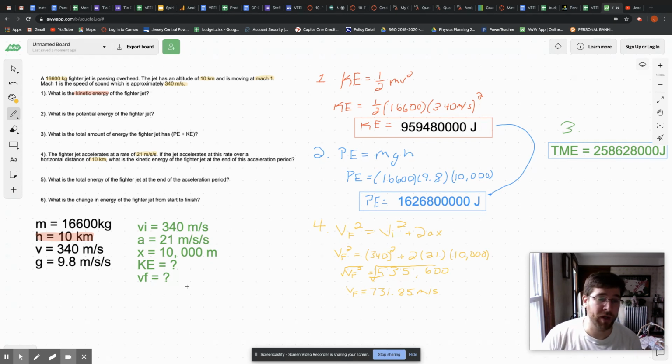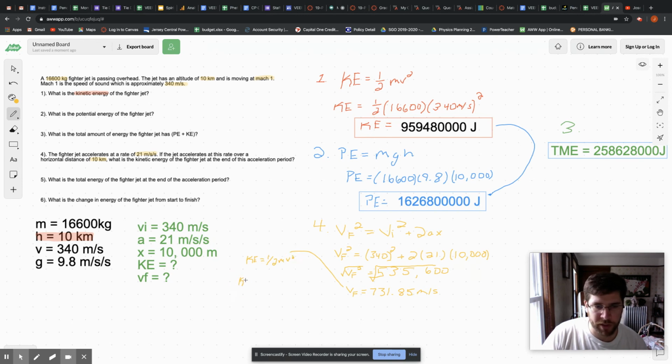Is that the answer for number 4? No, because what did I want to find for number 4? I want to find what the kinetic energy is. So what can I do? Well, I could take this and plug it into my kinetic energy equation. KE is equal to 1/2 mv squared.